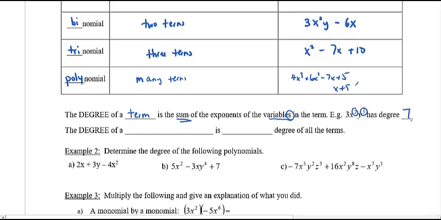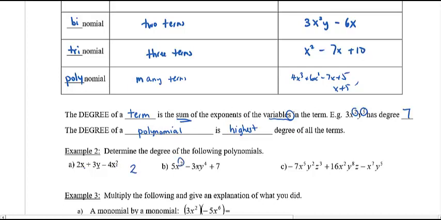And the degree of a polynomial, so that's all those terms put together, is the highest degree of all the terms. So if you look at example 2A, if I ask you for the degree of the polynomial, this is degree 1, degree 2. The highest one is 2, so the answer is just 2.